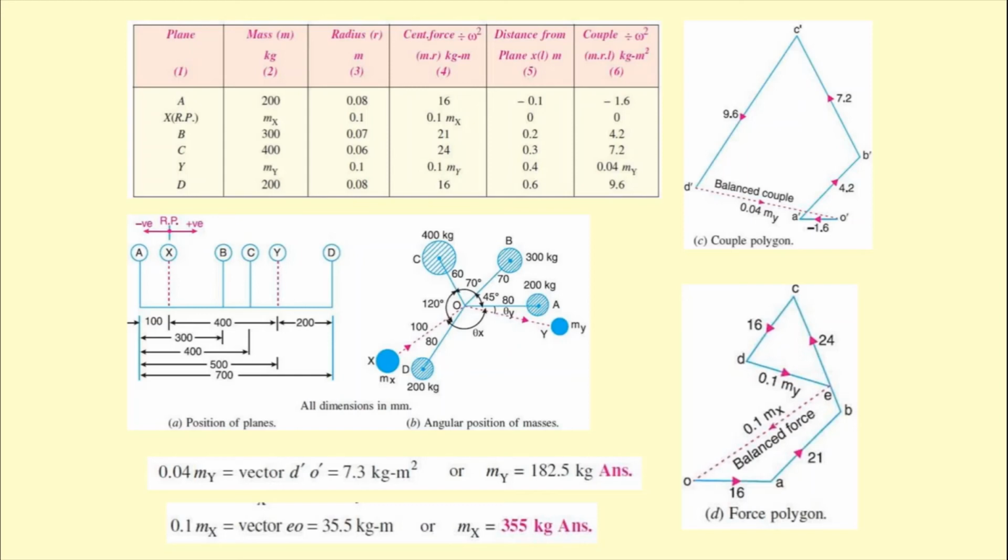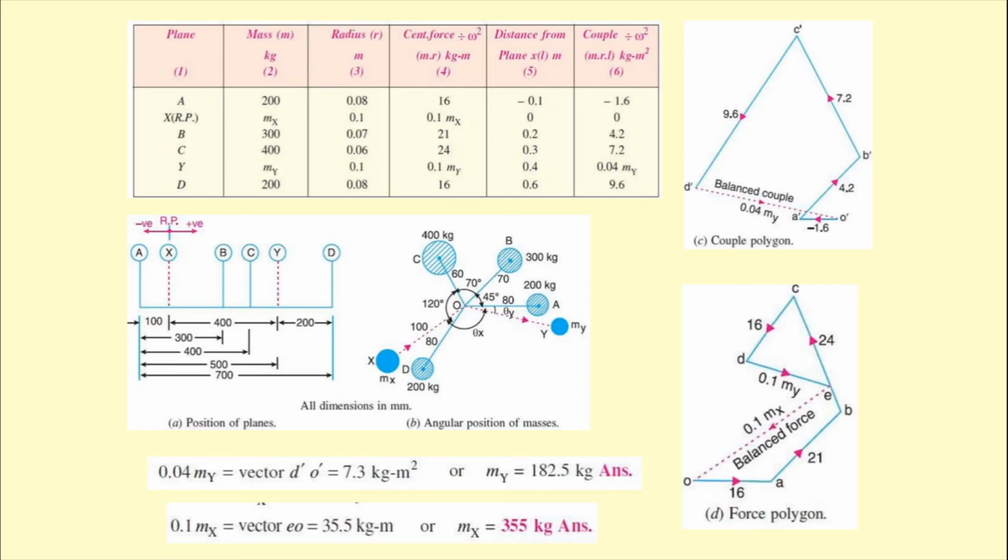In the fourth column, that is the centrifugal force divided by omega square, we are going to get the m into r value, mass into radius of rotation value. So over here what exactly we are going to get is nothing but the mass 200 into radius of rotation 0.08, that is equal to 16 kg meter.